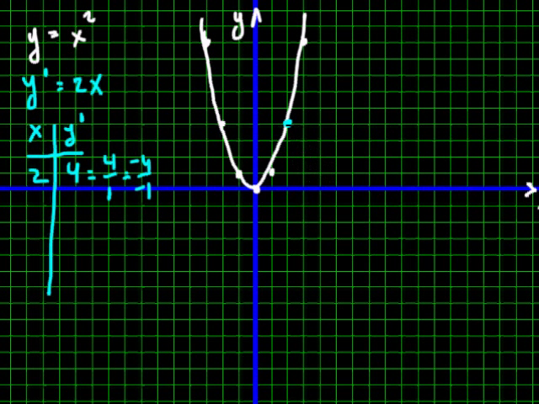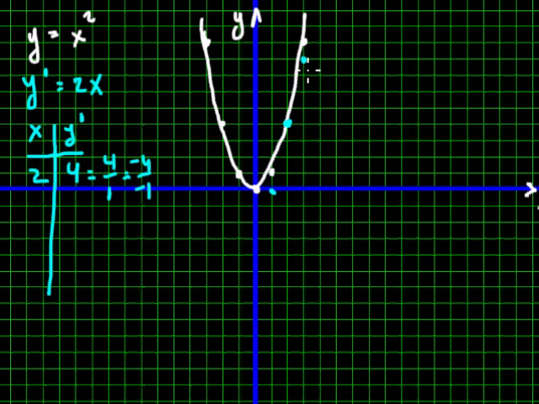And we're going to graph this slope. So we go run 1 and rise 4. You can go in negative direction, run negative 1 and rise negative 4.